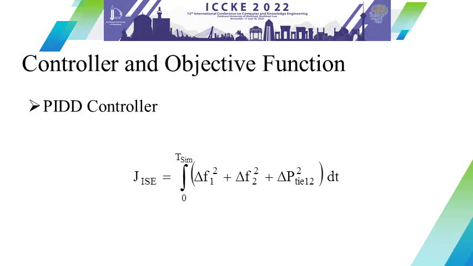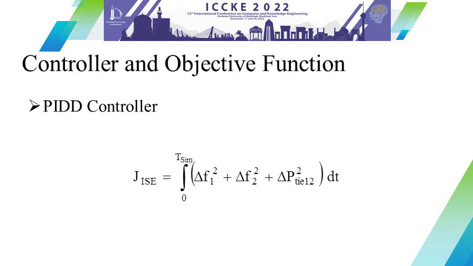Coming to the controller and objective function, in this work the PIDD controller has been taken as a secondary regulator because of numerous advantages. Till now, 90% of the industrial sector is utilizing the classical PID as a main controller because of design simplicity and operational efficacy.